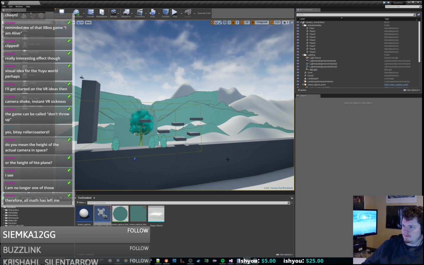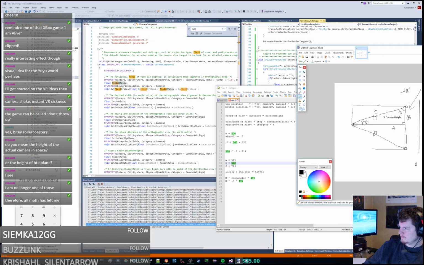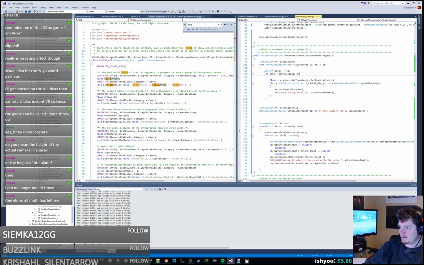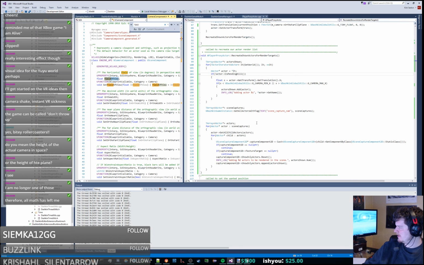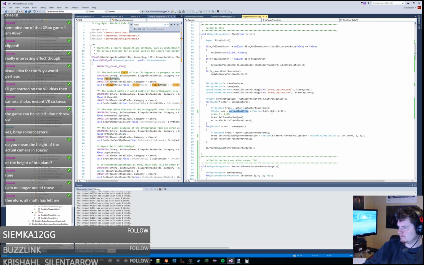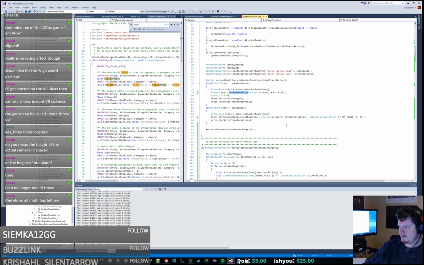So in other words, we should just be setting our distance to the height divided by 2, minus the min. So basically it should be current position.